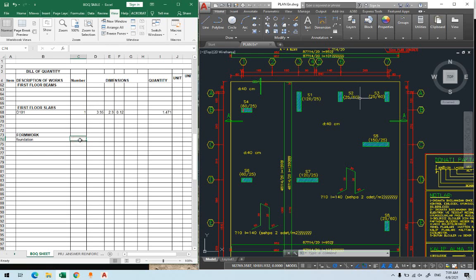Well, we have one foundation here. Now the dimension here, we have it.